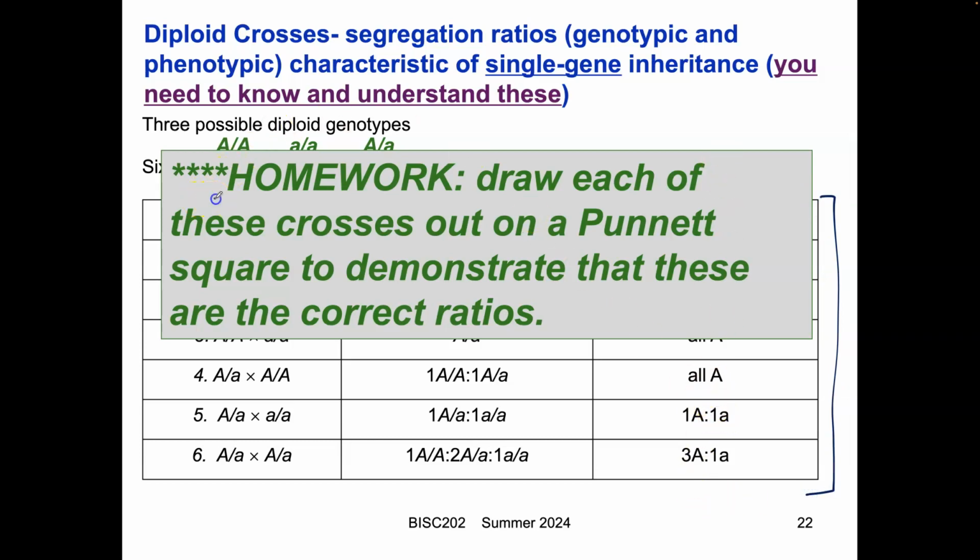The homework for you is to draw each one of them on a Punnett square as practice and convince yourself that those are the correct ratios. If you don't get the ratios shown in the table, then there may be an adjustment needed in the way you're approaching the Punnett square, and you can talk to me or to Emily, your TA, and we can help you sort that out.